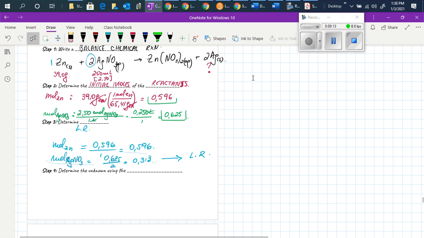So now we will use stoichiometry, using the silver nitrate.